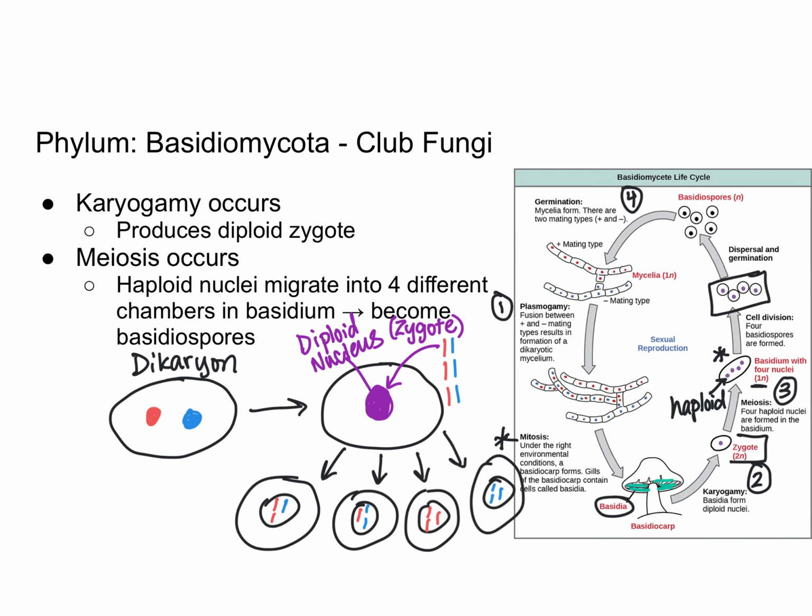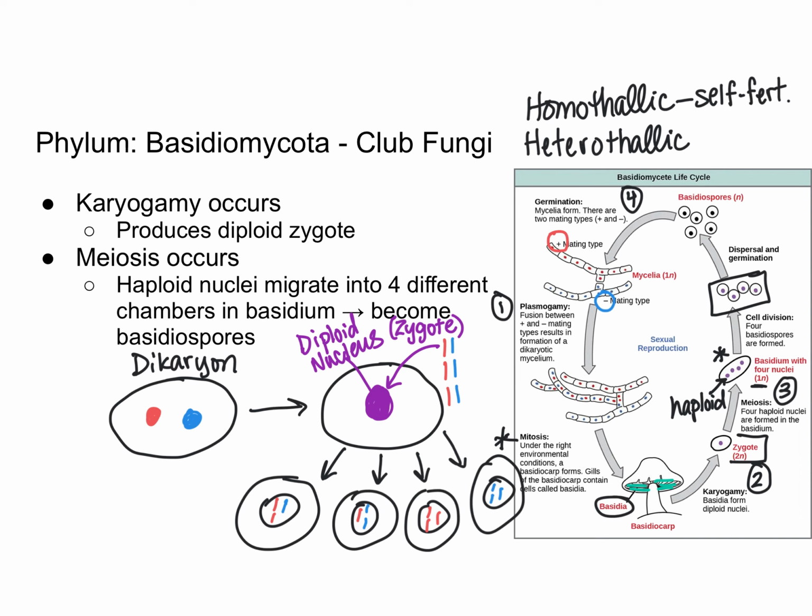Now you'll notice that we mentioned that there is a positive mating type and a negative mating type involved. Now Basidiomycota might be homothallic, or they can be heterothallic. Homothallic means that both mating types are found in the same mycelium, and so they are able to self-fertilize their spores.